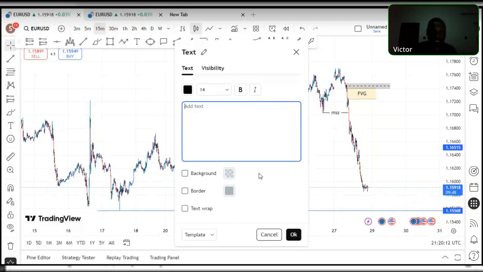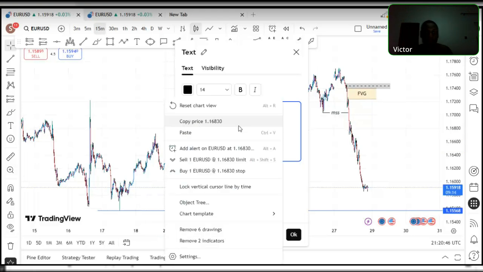So the market can either be trending or ranging.